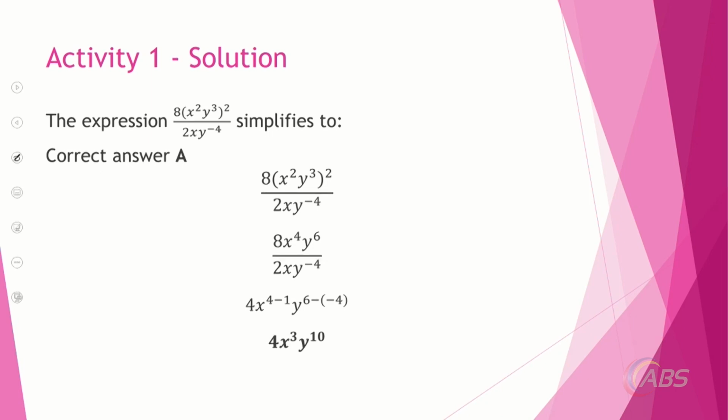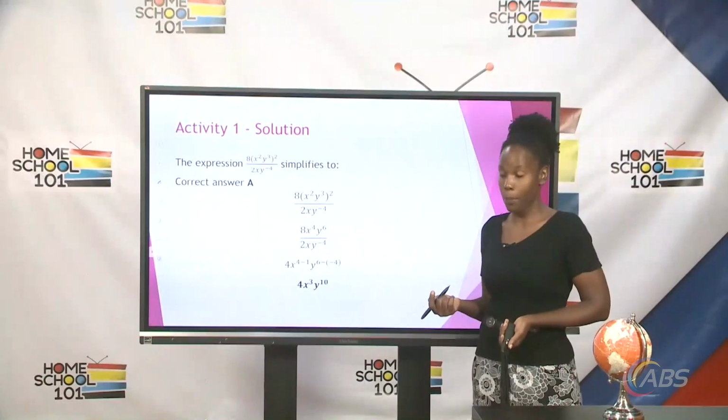So for x, 2 times 2 would give me 4. And for my y variable, 3 times 2 would give me 6. Hence, the numerator becomes 8x to the power 4, y to the power 6. Then I divide my constants. 8 divided by 2 would give me a value of 4. And then for my variables, I'm dividing, and the base is the same, so I subtract the powers.